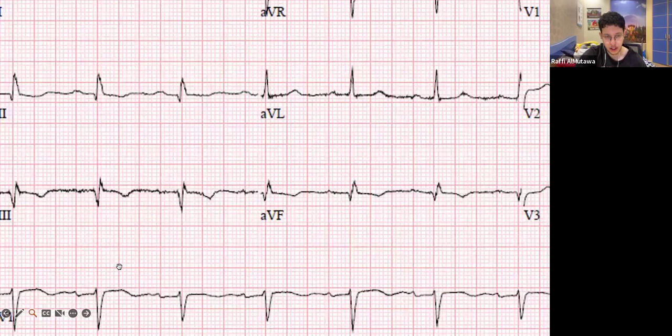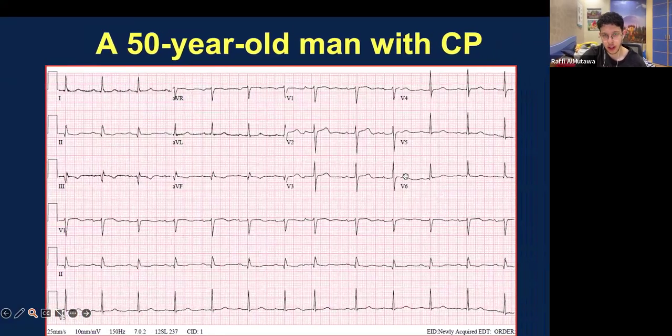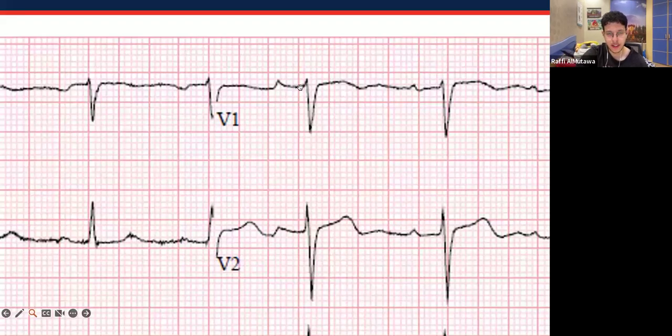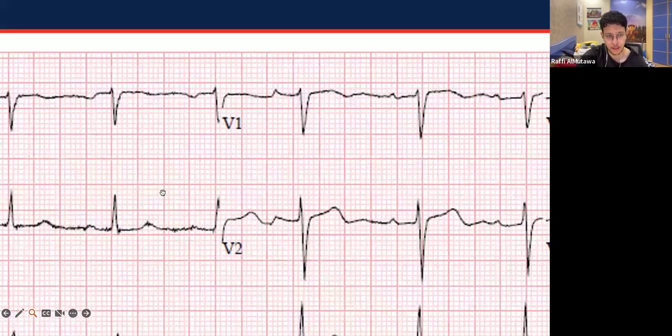Why not V1, for example? If you look at V1, this is the P, the Q is kind of buried, and it's R, S, and T, right? So this depression isn't Q, this is S. And this elevation over here is R. Again, I know it looks wrong, but you kind of just have to adapt to it.